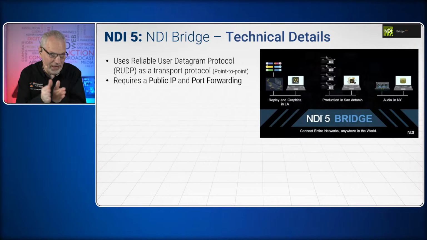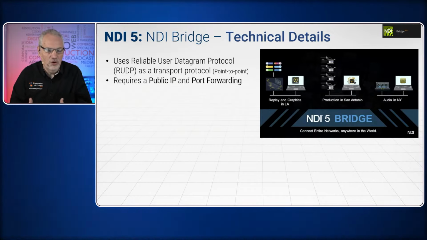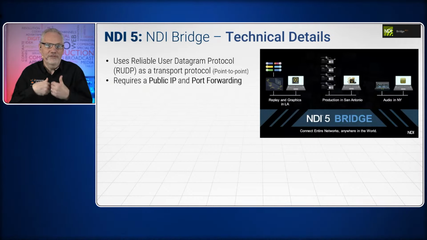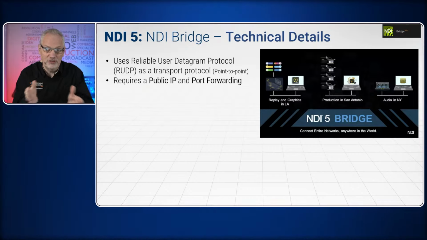And the way NDI Bridge is set up is they have hosts, and then they have people that join those hosts. And so the host will advertise on a public IP with a port, and everybody that wants to join will go there with the host just looking at that port for anybody that's looking to connect. So that's sort of the basic underlying technical connection protocol there.